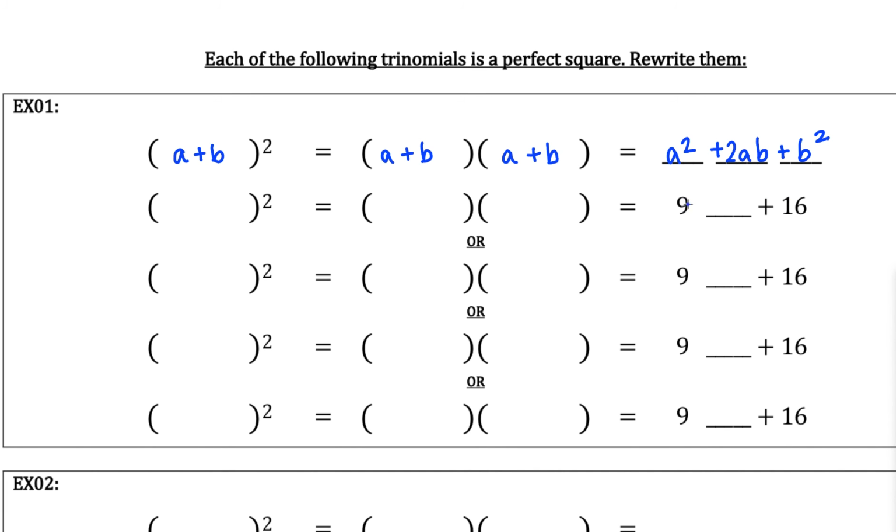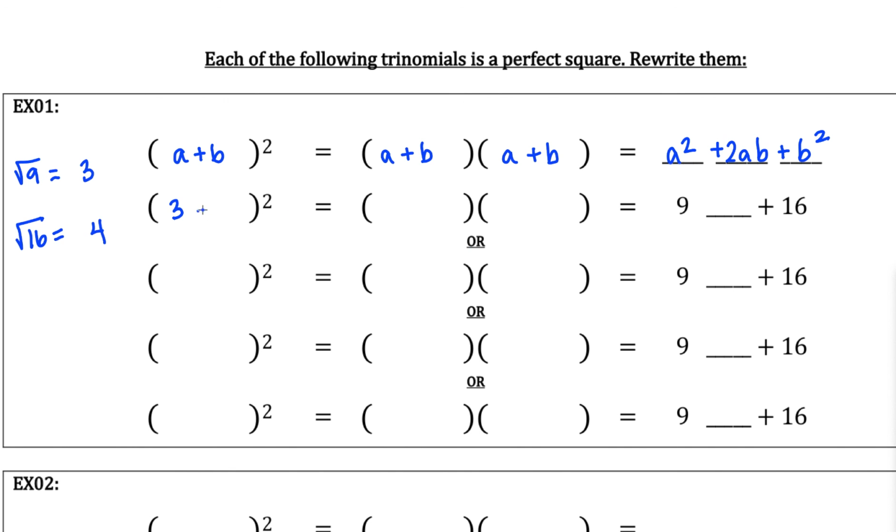Okay, so we know that this is A squared. So the square root of 9 is 3, right? So we know that this is 3. And we know that the square root of 16 is 4.